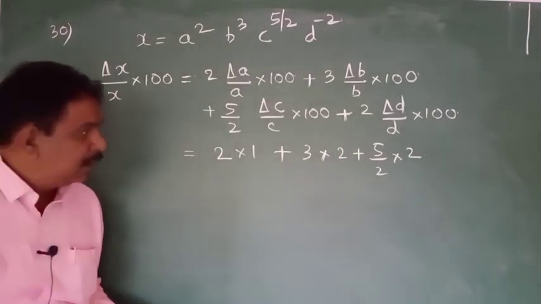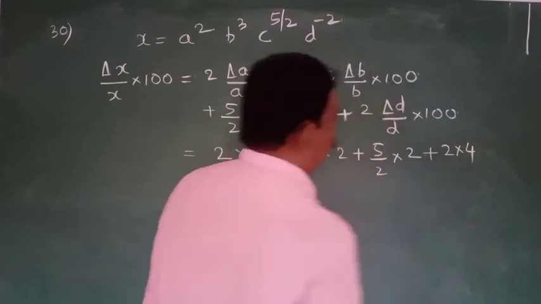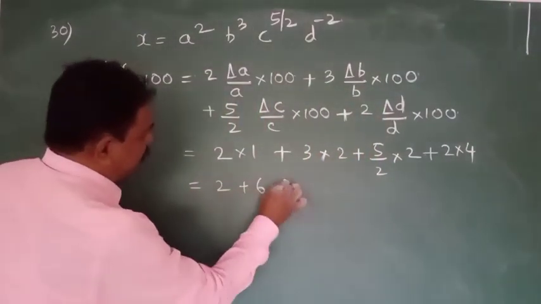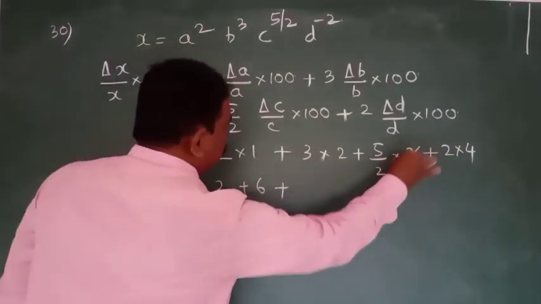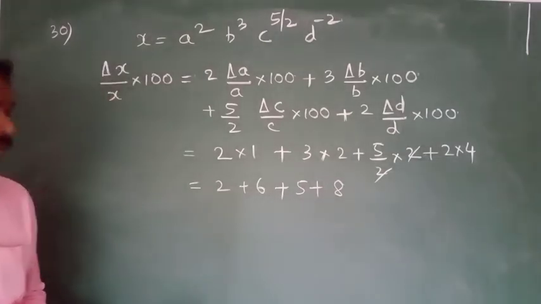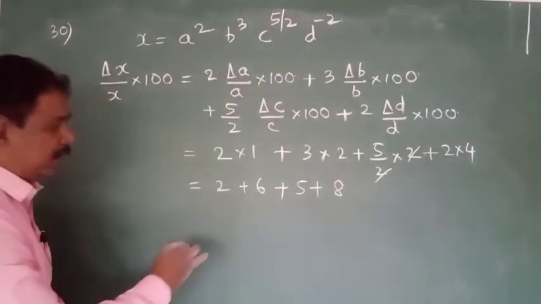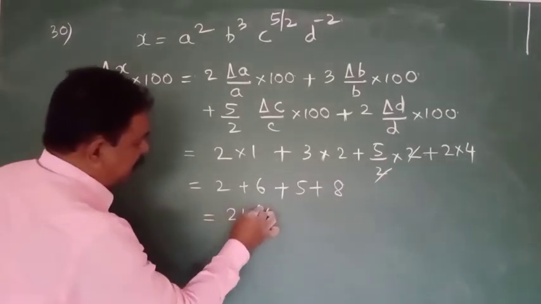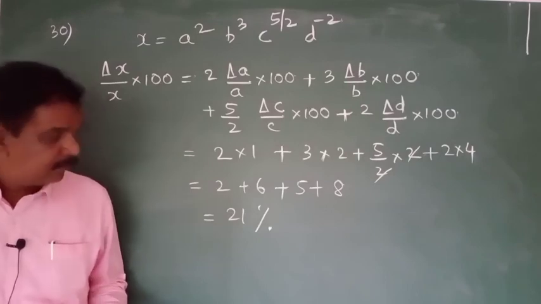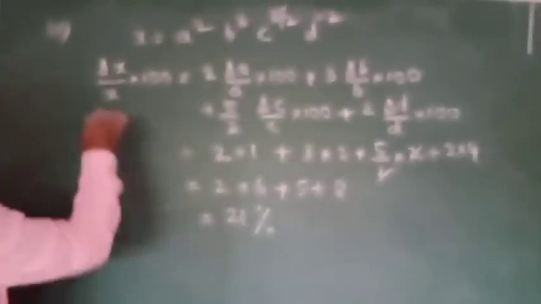Error in the measurement of D is 4%. 2 into 4. This will be 2, this will be 6, 2 will cancel, this will be 5, this will be 8. So 8, 5, 13. 13, 8, 21. This will be equal to 21%. Okay. So for question 30 it will be the third option.